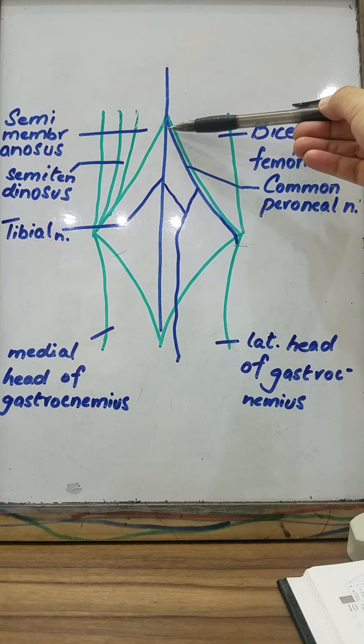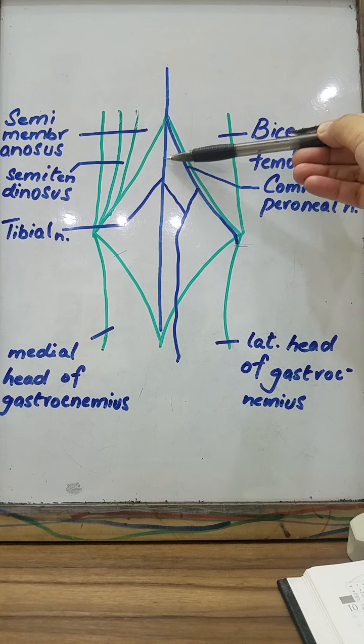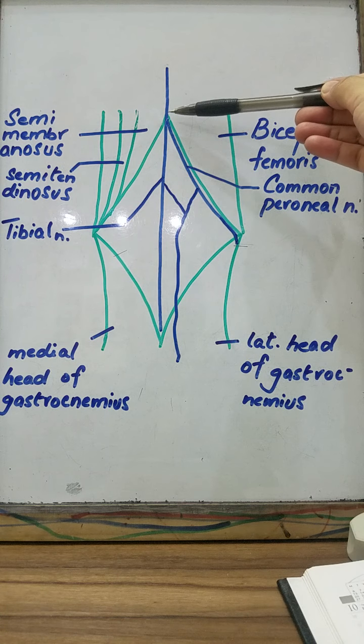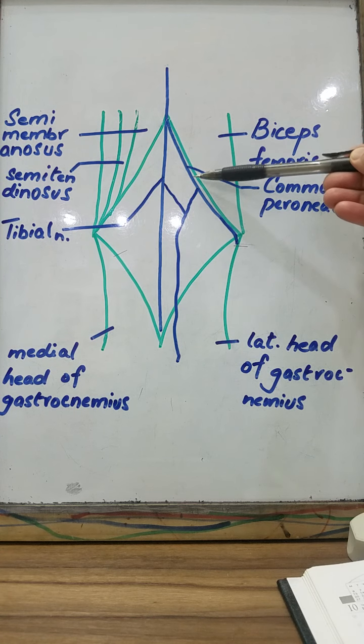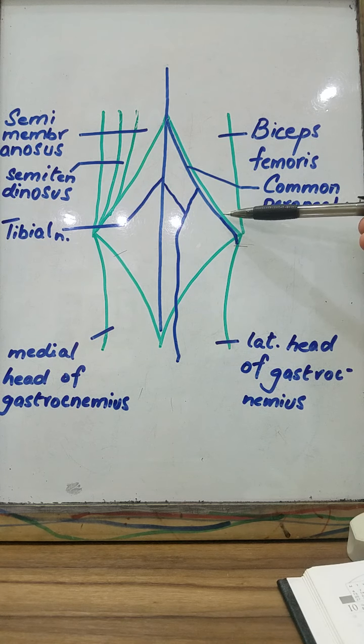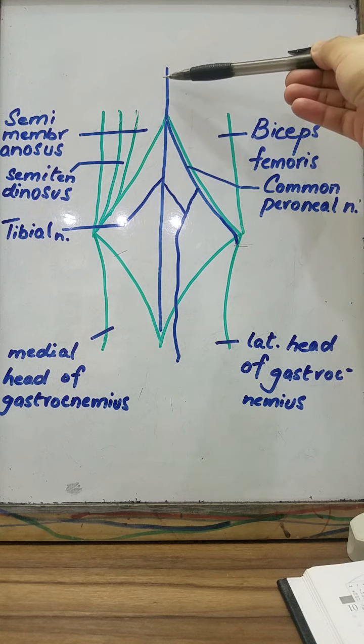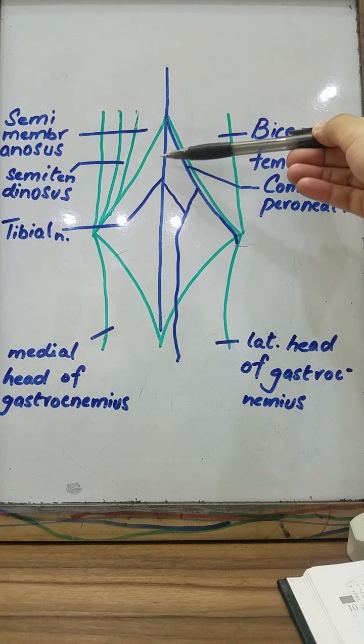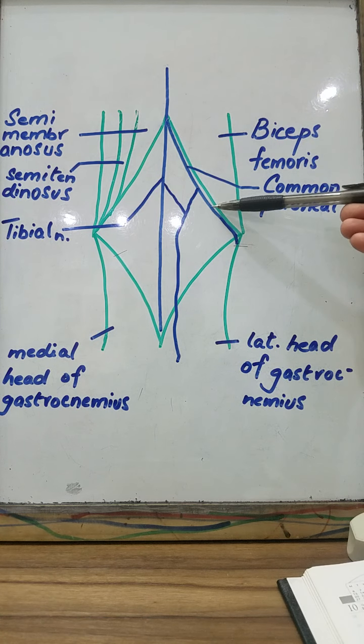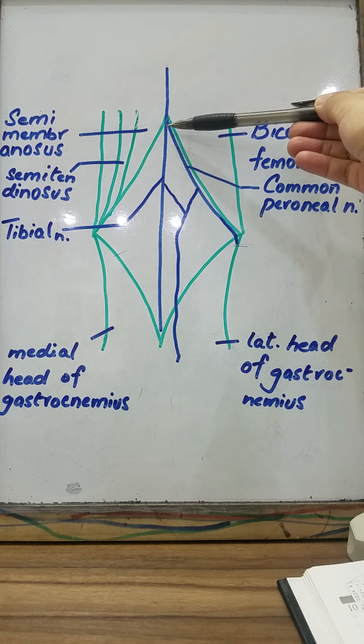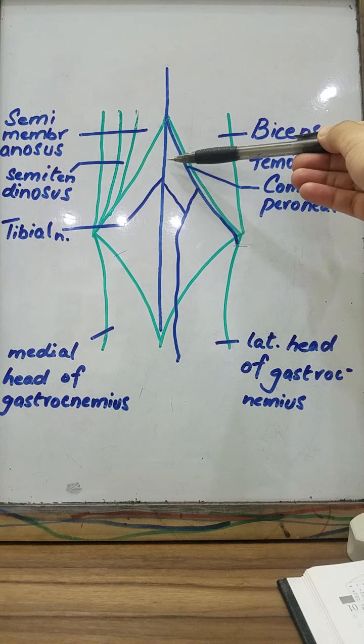One larger branch is known as the tibial nerve, and the smaller lateral branch is going to be named as the common fibular nerve, also called the common peroneal nerve, right? So sciatic nerve divides into the tibial and the common peroneal nerves. The tibial nerve is the larger branch of the sciatic nerve.